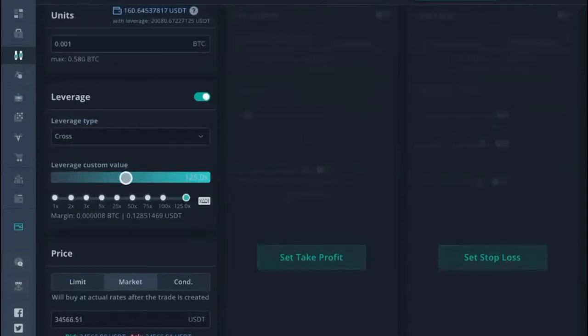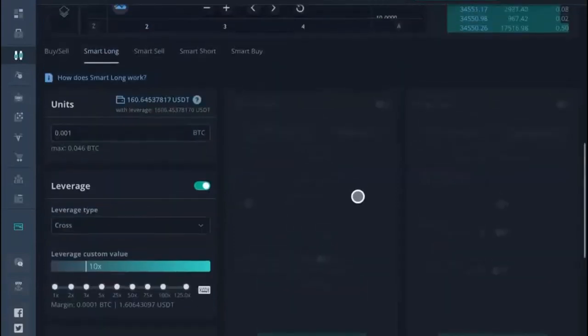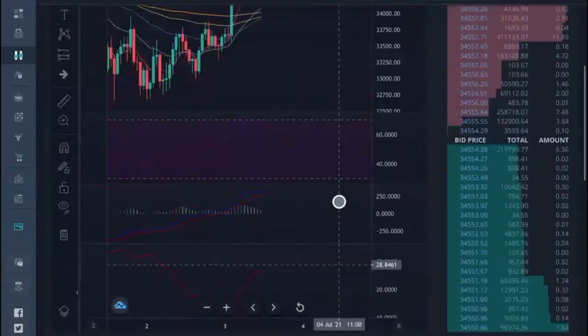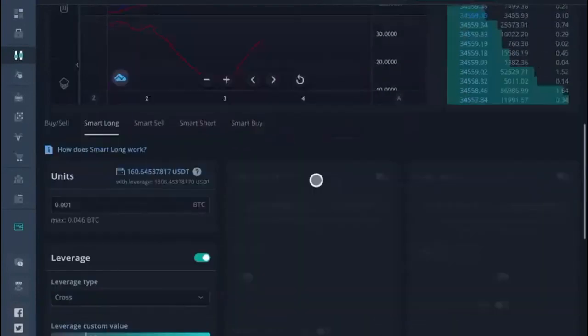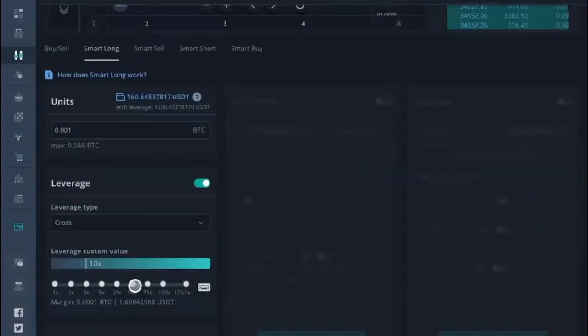So if we were using something reasonable, let's just say 10x. If we have 10x leverage and we have $1,000 in our account, we're using only $100.